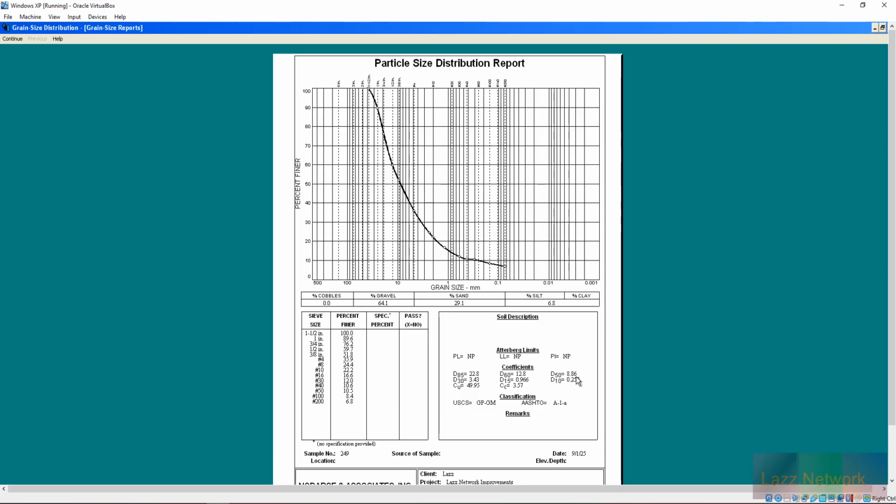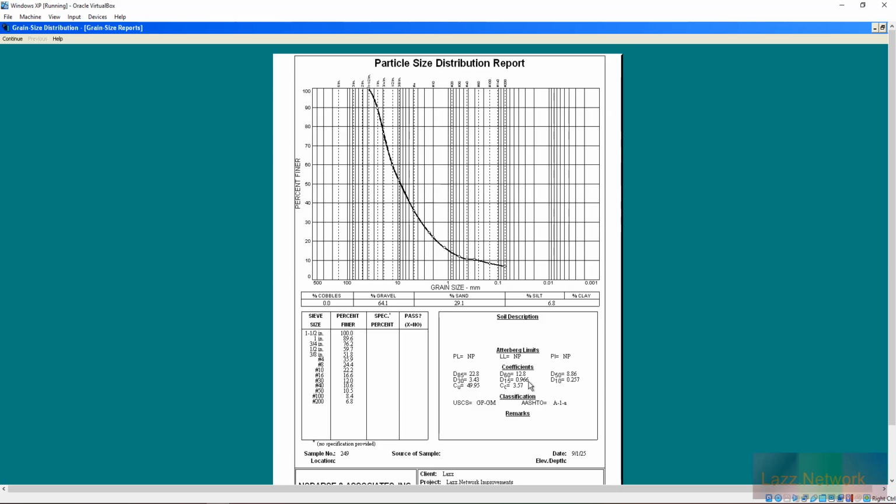That's a little off because we got 8.84. D30 is 3.43. Could be 3.44 depending on rounding, because the later versions of Geosystems, it's stupid accurate.